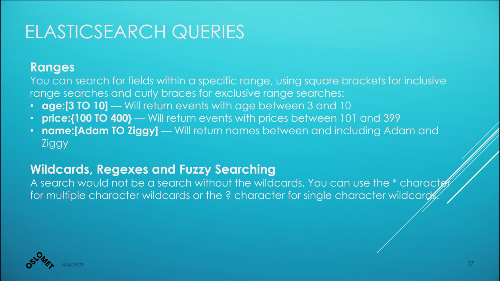Then you have ranges, wildcards, and regular expressions, and also fuzzy logic searching. This is something similar to machine learning, and we're not going to go that way, because it's a more mathematical approach of using bias and propensity scores to search through data. That's something I'm not going to put so much focus on right now. It's just going to create confusion.